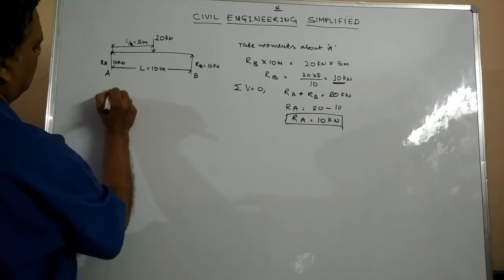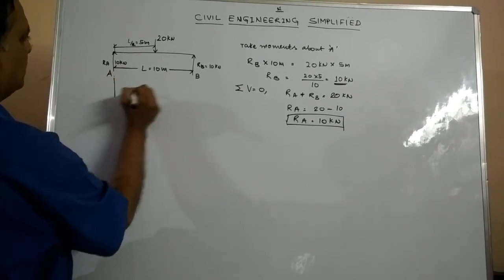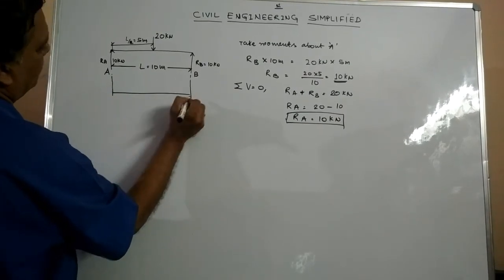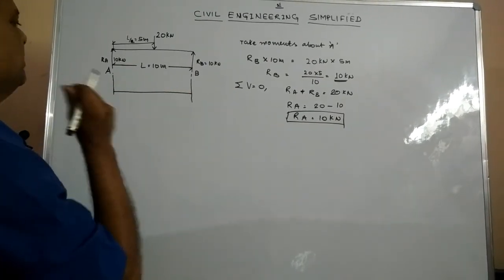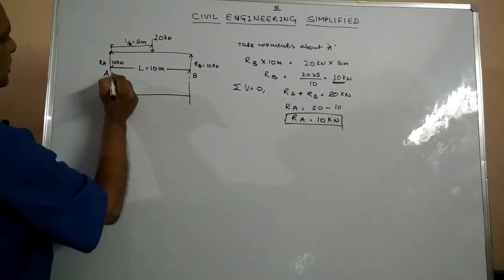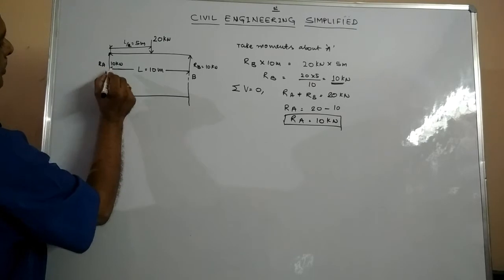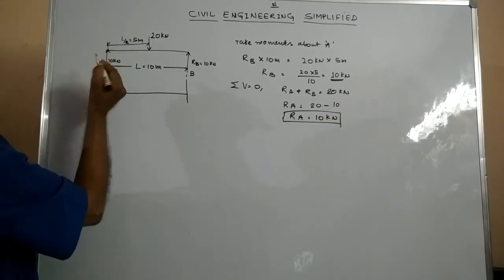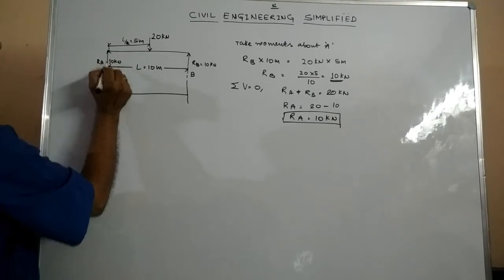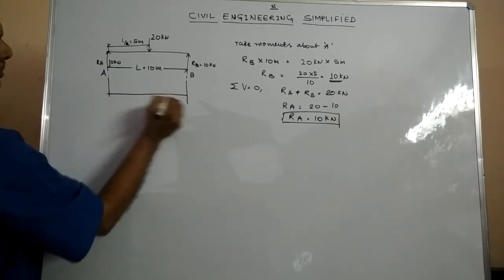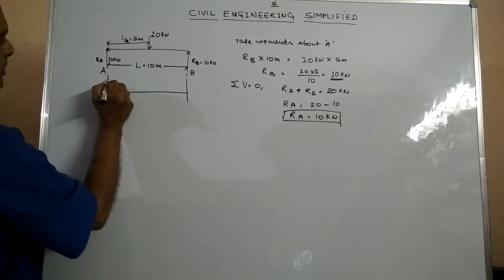First, I'll draw a horizontal line. I'll continue this vertical line of RA and RB, which represents the extreme ends of the support. So here we find RA, which is a vertical reaction acting upwards. So it is in the upward direction from the datum line, what we call this horizontal line as datum.